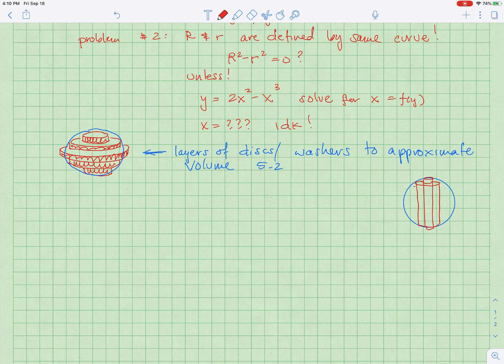And then wrapped around that is going to be another tall, skinny cylinder. And then maybe one more around the outside there.